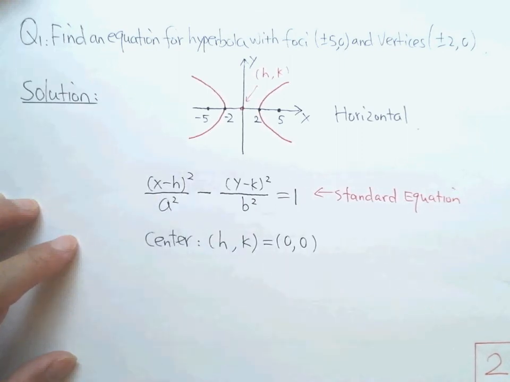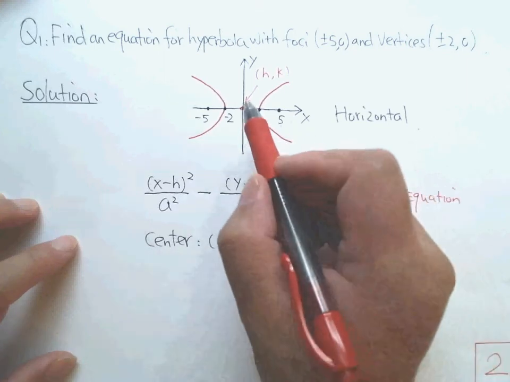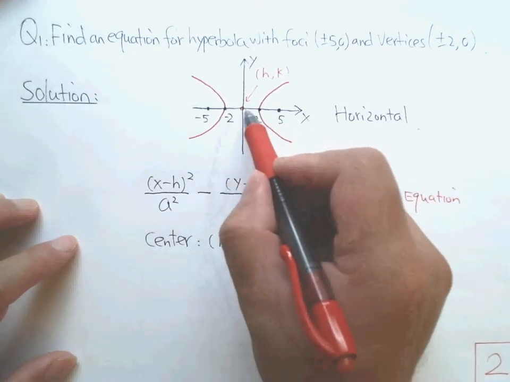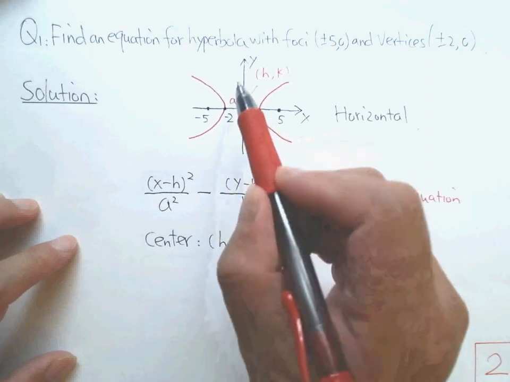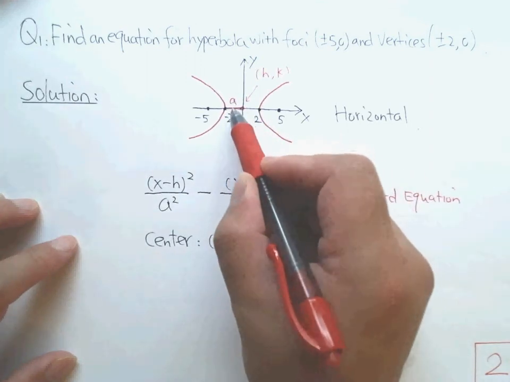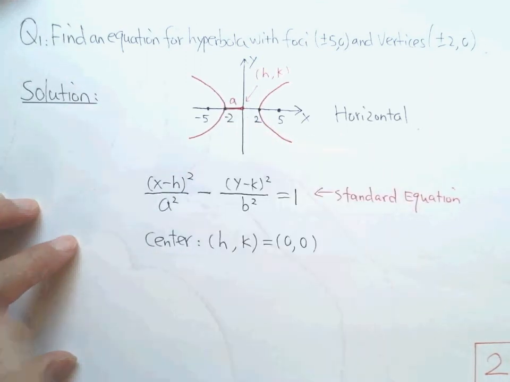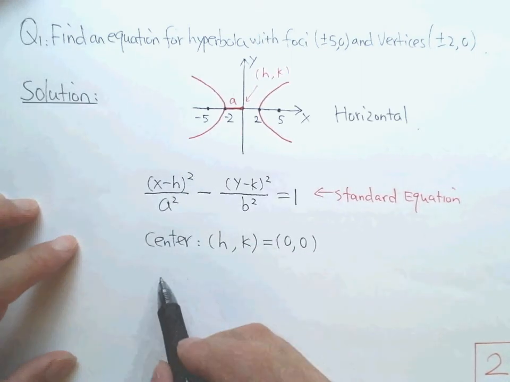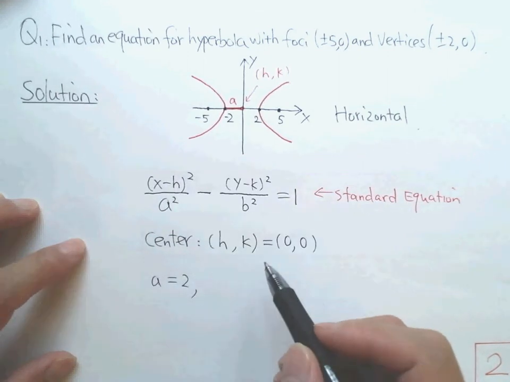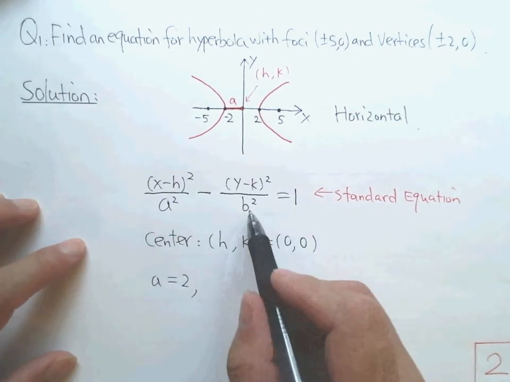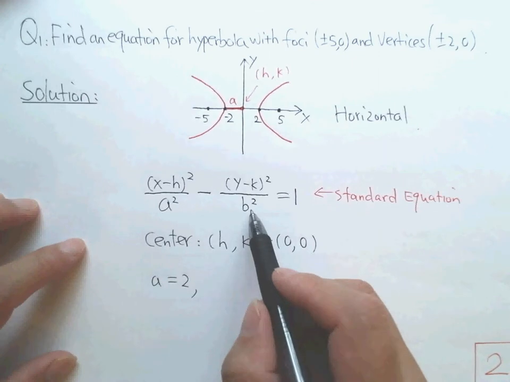Now we go to a and b. I'll go to a first. The definition of a is the distance from the center to any of the vertices. This distance is a, which means a equals 2. Keep in mind a is a positive number. Where's b?